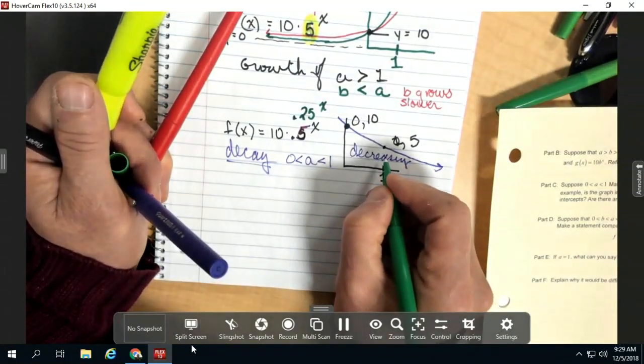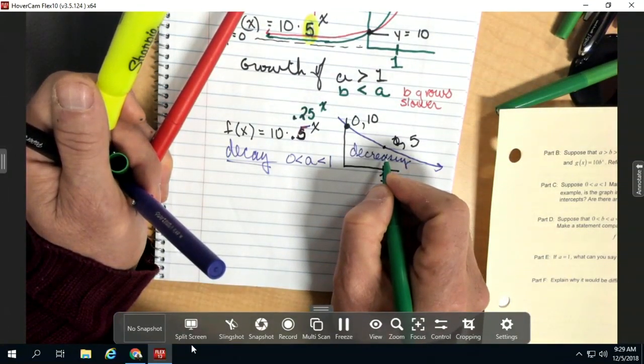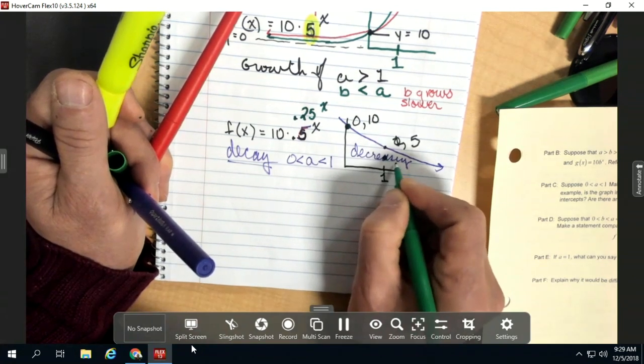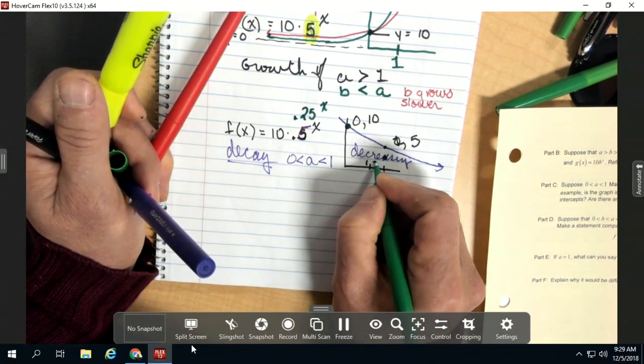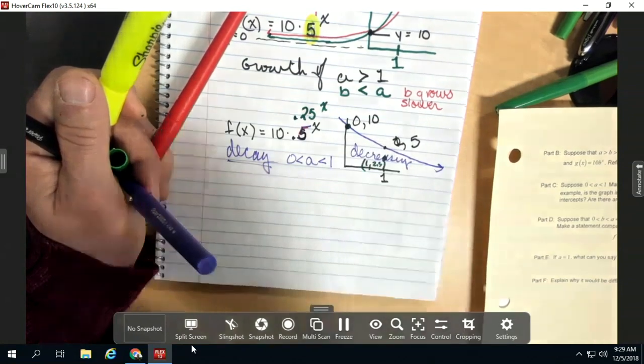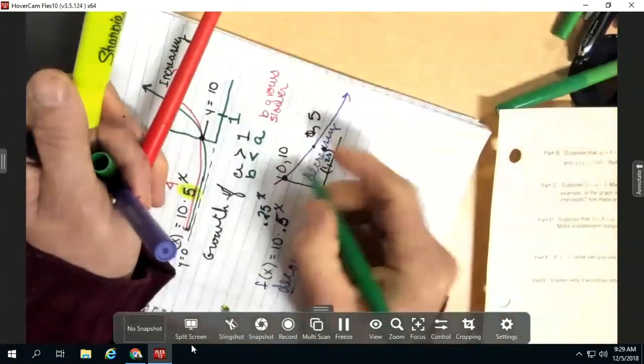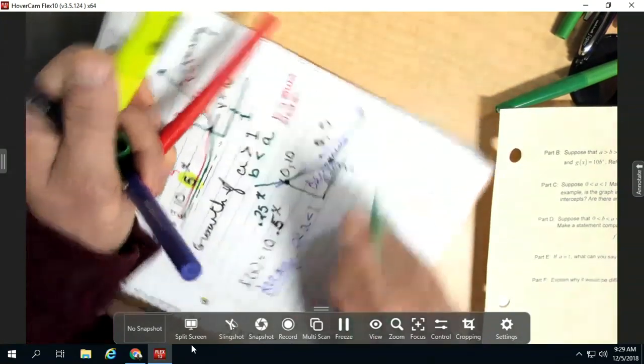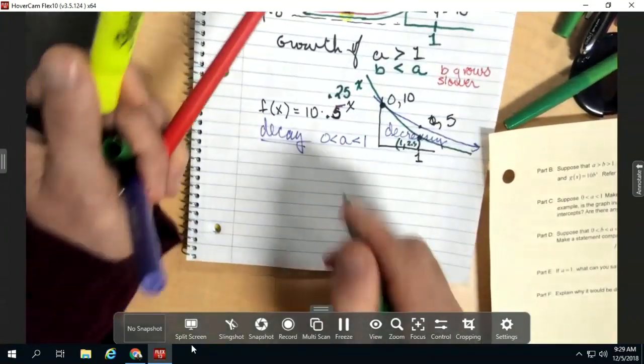But by the time we get to 1, where's it going to be? A quarter of that, right? Which would be over 1 up 2.5. Makes sense? So our graph is going to be like that.